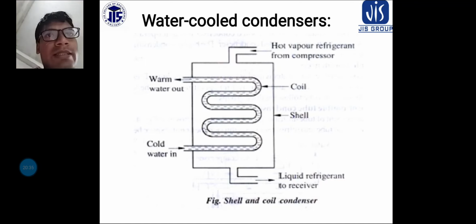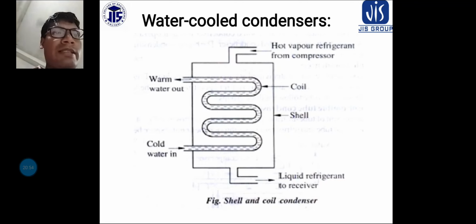But there is a severe cleaning problem of the inside tube surface due to the curvature. As a general rule, shell and coil condensers are used for small installations up to 35 kilowatt.